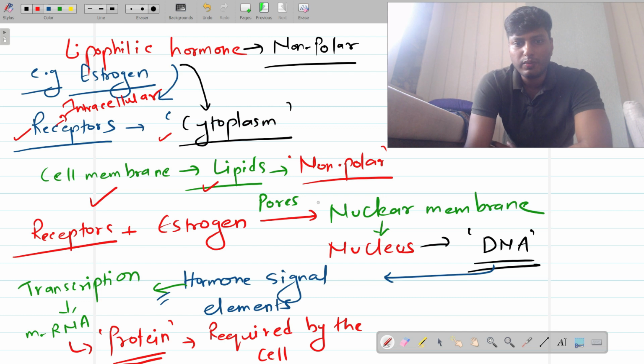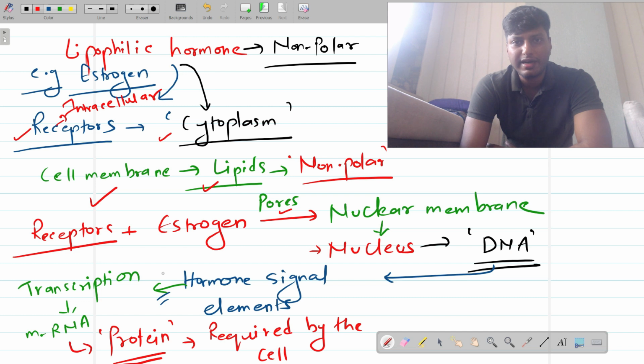This complex will enter via the nuclear pores from the nuclear membrane inside the nucleus. Inside the nucleus, we know that there is genetic material which is in the form of DNA. So these hormone receptor complexes will interact with some special kind of sequences which are present on the DNA, and these sequences are called hormone signal elements.